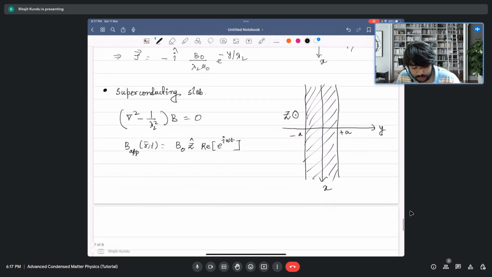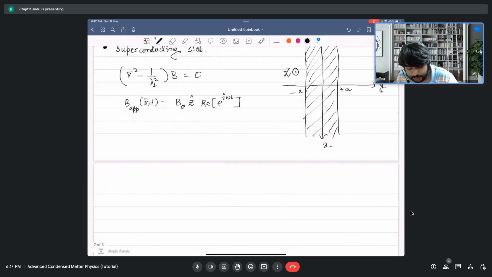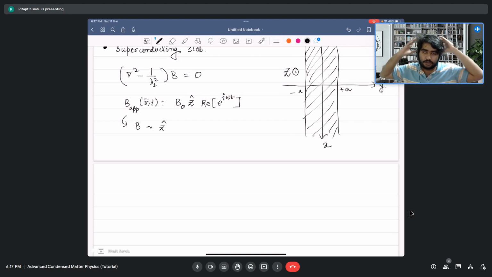By arguing what the form of the solution should be, we propose an ansatz: B should also be in the z direction. Because the x and z directions are infinite, the solution should not depend on those directions, so it should be only a function of y.